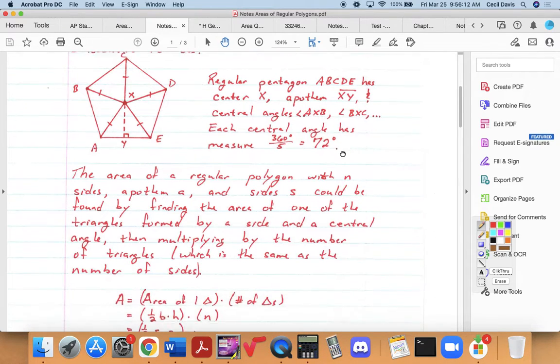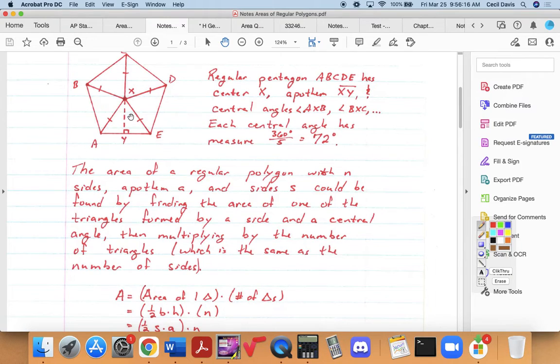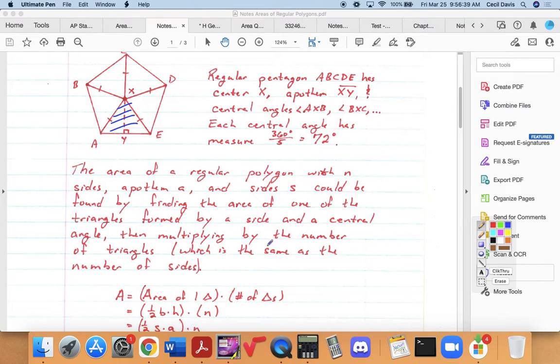Now, if we're trying to find the area of this whole regular polygon, where it has n sides, so in this case that's 5, the apothem has a length a, the sides have a length s, we could find that by finding the area of just this one triangle here, and then doing what with it?